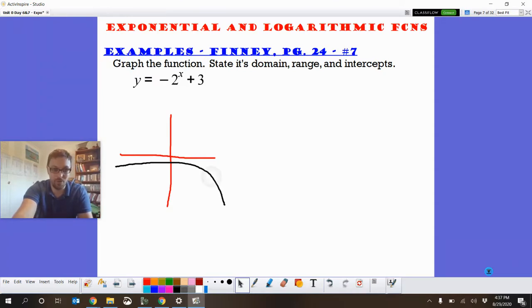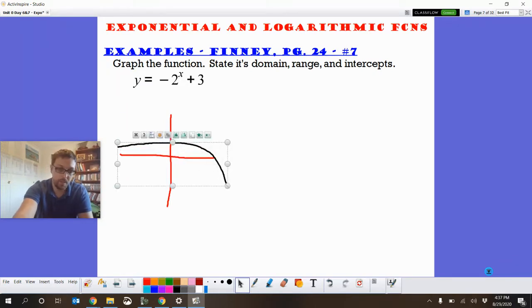So it's going to flip over the x-axis, and then it's going to move up 3. So 1 to get to the axis, 2, and then 3. So then its asymptote is actually going to be above it at 3, right above it.